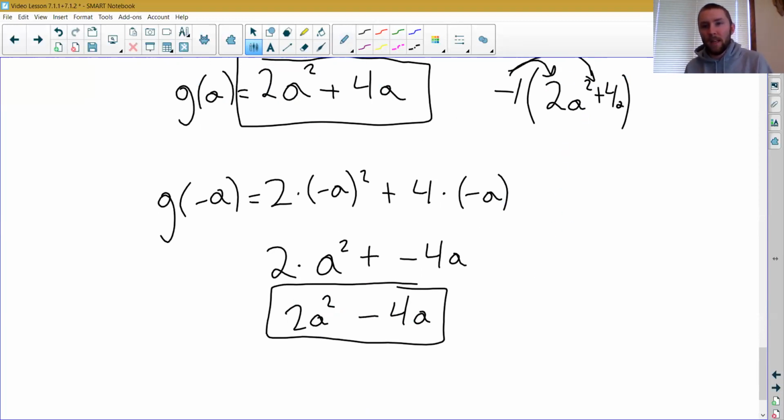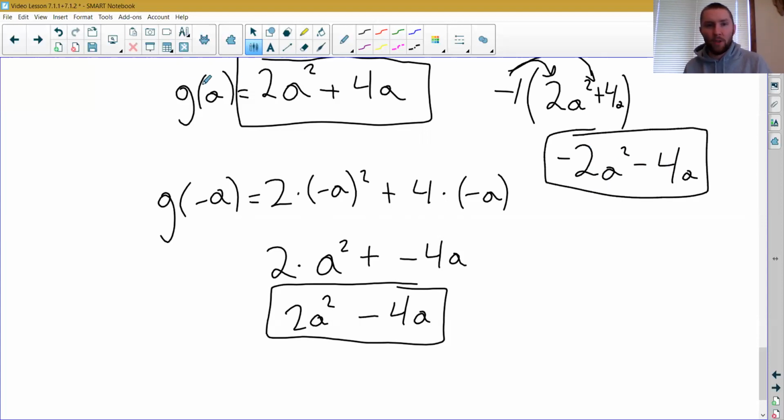So I would really get negative 2a squared minus 4a. So when I put the negative sign in front of g of a, do I get g of negative a? Are these exactly the same thing? No, because 2a squared is not the same as negative 2a squared. So this is not odd, and I just proved a second ago it's not even, so this is neither.